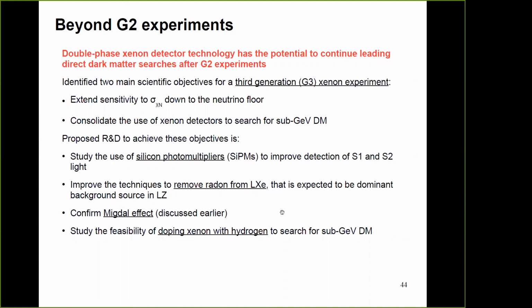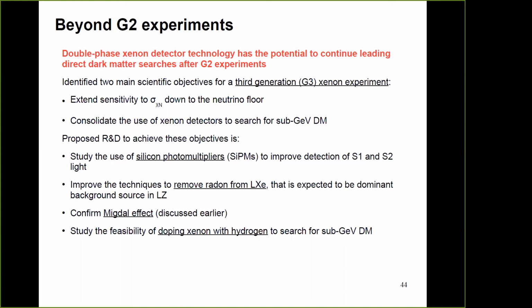I think that the focus is here, and the plan is to reach the neutrino floor with this third generation experiment. I'm not aware of other background rejection R&D, but this is definitely the most important one.